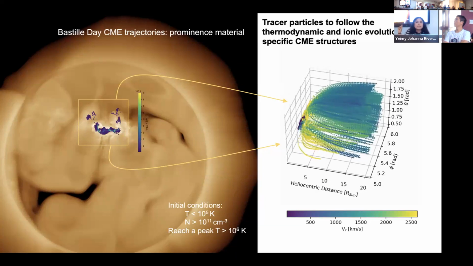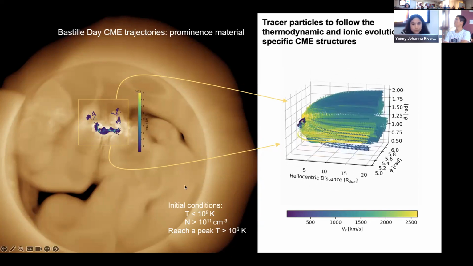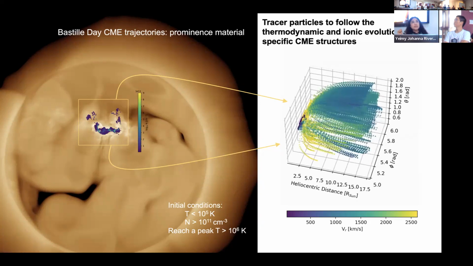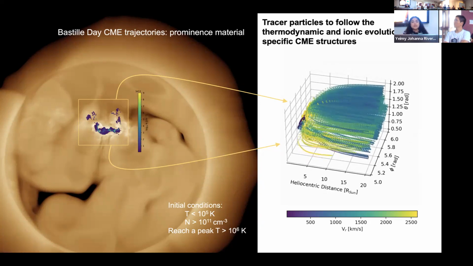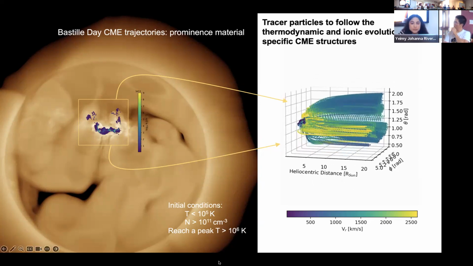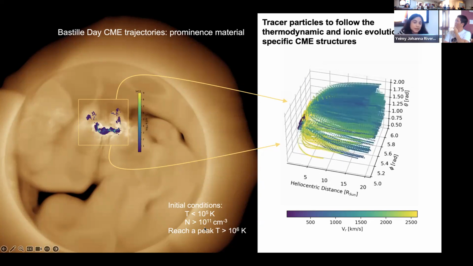So this is just a simulation of, for example, the evolution that you're seeing on screen. This is for tracer particles associated with prominence material, essentially. So very cool, very dense structures at the sun.